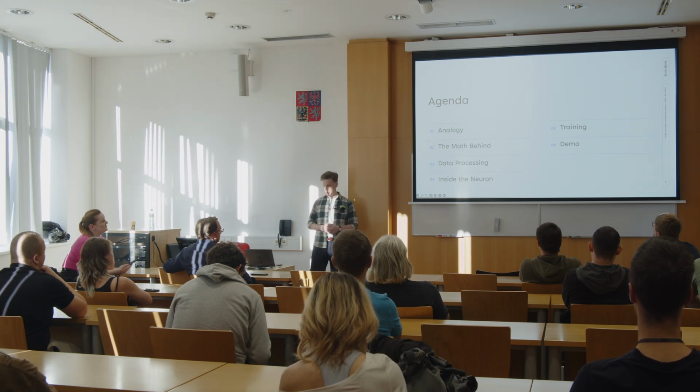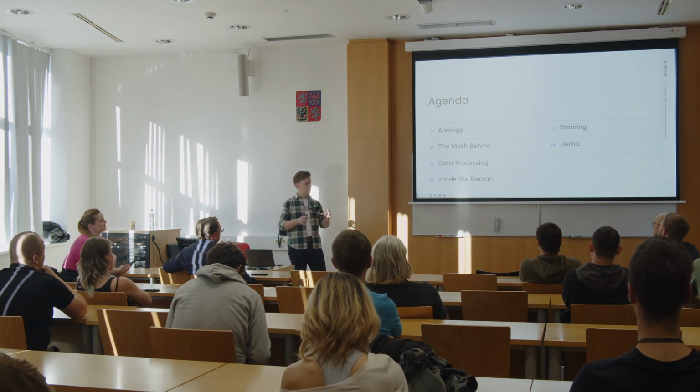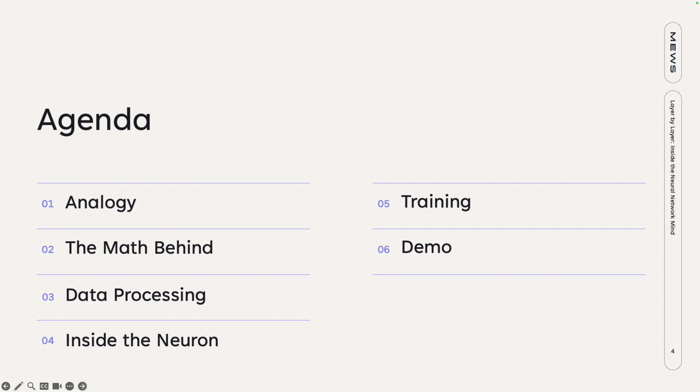We're going to look into one of the neurons that make the main unit of the whole system. Then we will spend some time on the training phase itself to understand how we can actually make our neural networks learn something. And we're going to wrap things up with the demo.